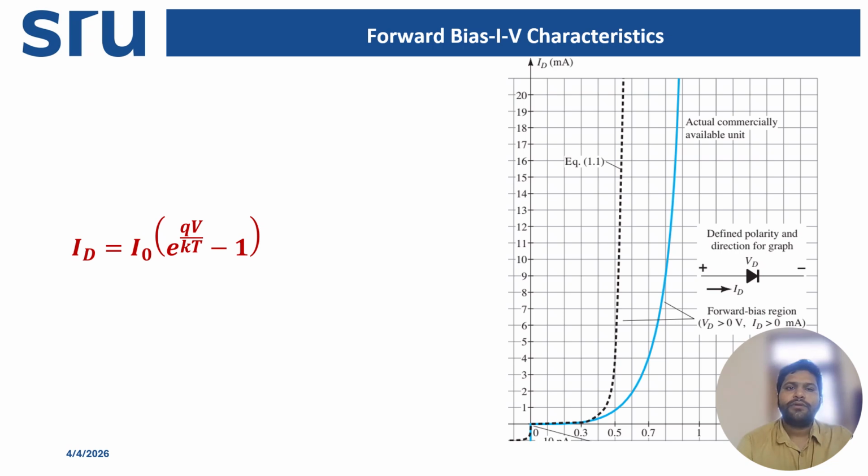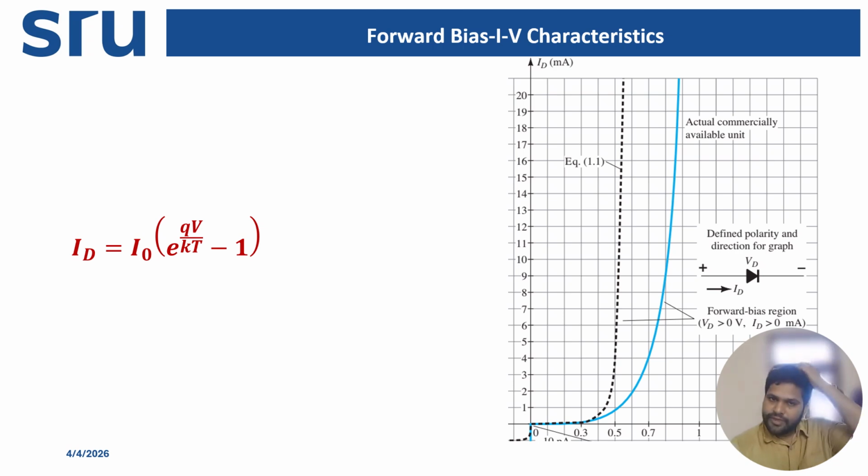If you draw the graph, the horizontal axis represents the applied voltage and the vertical axis, the y axis, represents current. In forward bias, the curve has three important regions. First region, below threshold voltage.